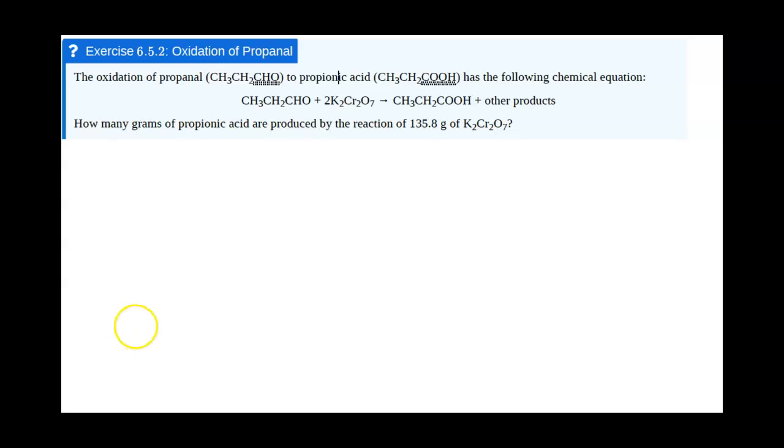I'm going to need the molar mass of K2Cr2O7, which I added up earlier, and that works out to be 294.18 grams per mole.